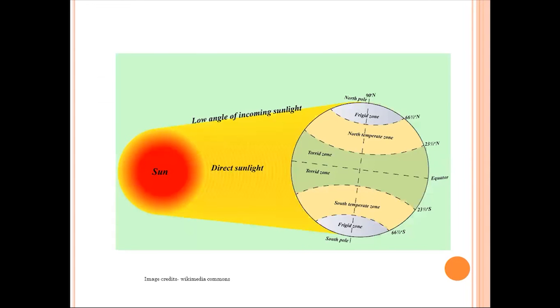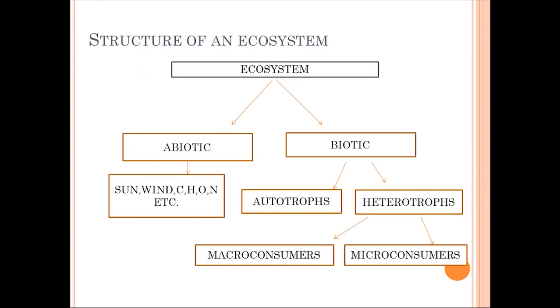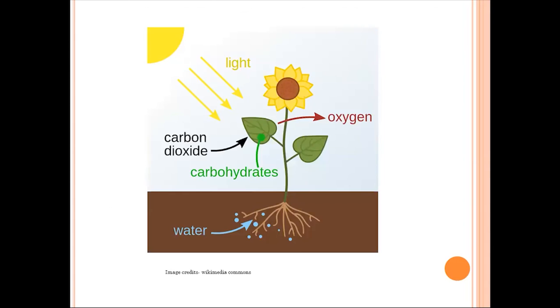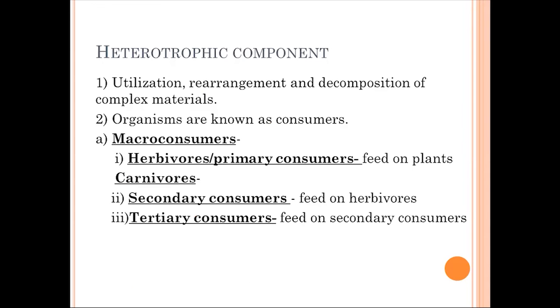So these are the autotrophs or the autotrophic component. And the second is the heterotrophs. Heteros means other and trophos is nutrition. So the organism which feeds on other organisms is known as a heterotroph.